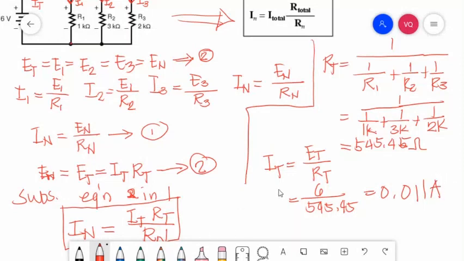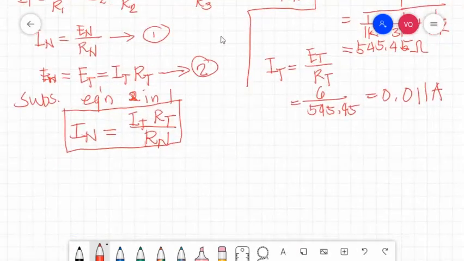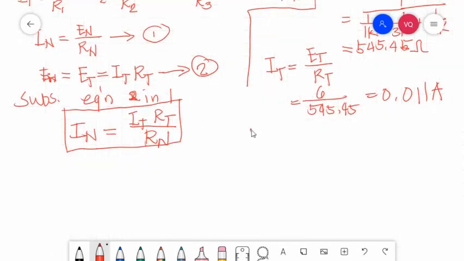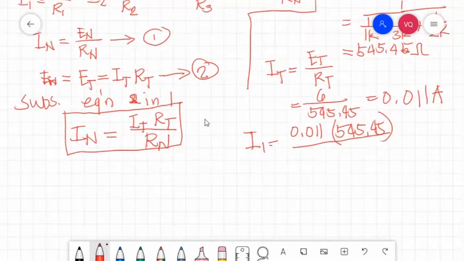Applying now the current divider theorem, we will solve I1, I2, and I3. So, I1, our unknown, is equal to total current, 0.011, times the total resistance of the resistors in parallel, that is 545.45, divided by the resistance of your unknown current. So, what is the resistance of I1?